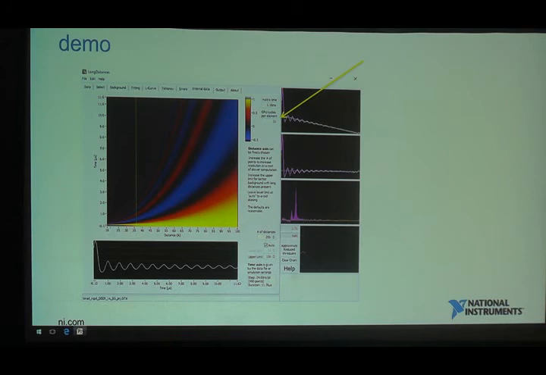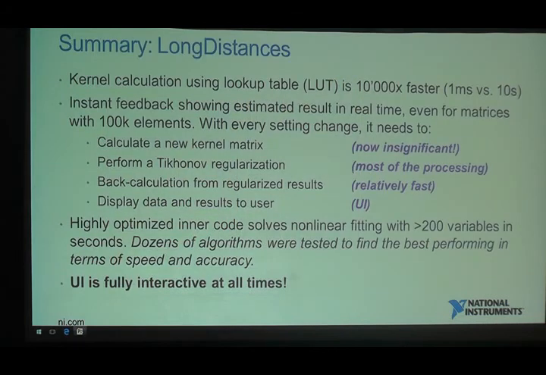I don't think you can do it in 3, so a factor of 10 speedup is probably not possible. I'm happy with the 31, and it's faster than all the other killer calculations I have to do later, like the regularization. And so the kernel calculation is 10,000 times faster using that lookup table, and it's easily within 10 to the minus 8, much better than the noise in the data and all that.